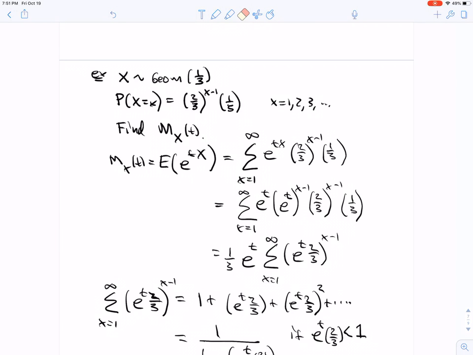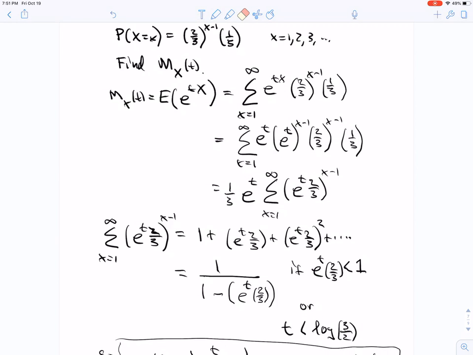And so we recalled the probability formula for geometric 1/3. And so here the moment generating function is an infinite sum. It's only going to converge for some limited t.